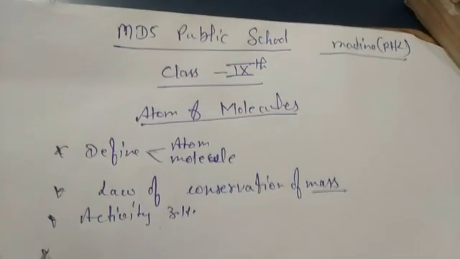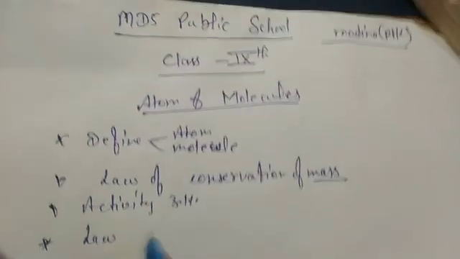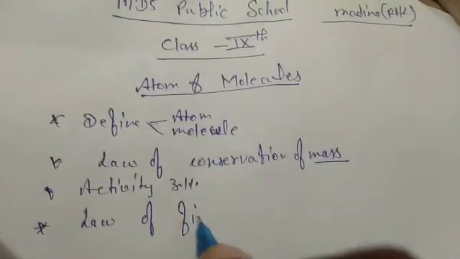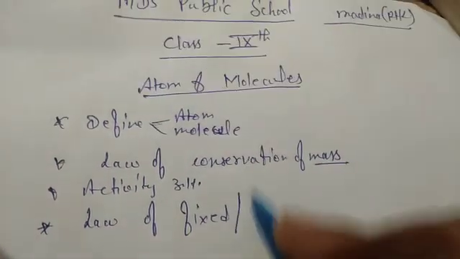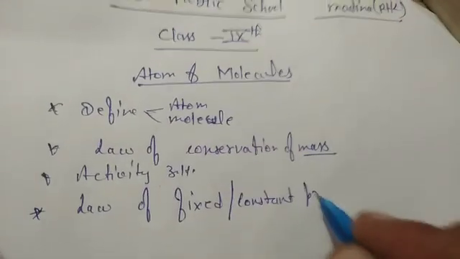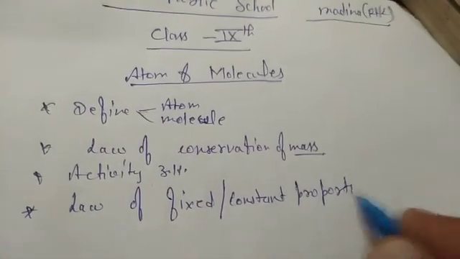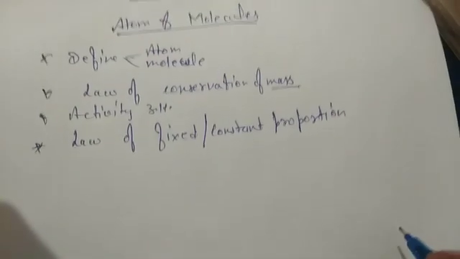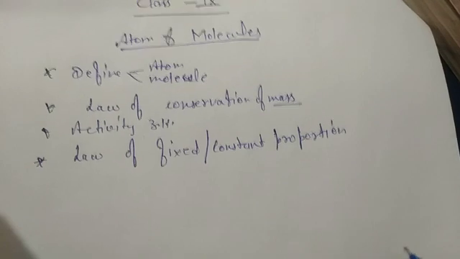Now today we will discuss the law of fixed proportion, which is also known as the law of constant proportion. Any name can come. So what do we mean by the law of fixed or constant proportion?